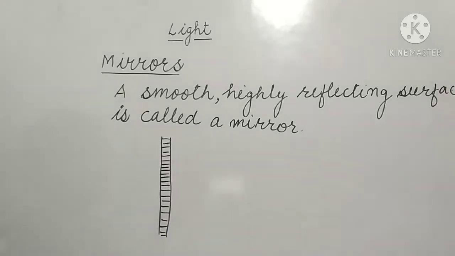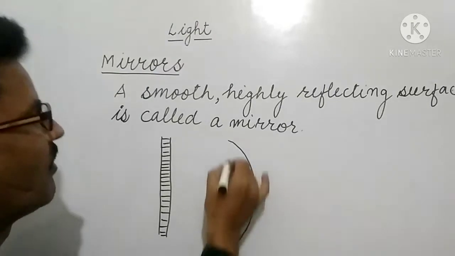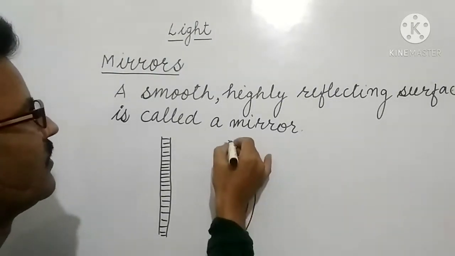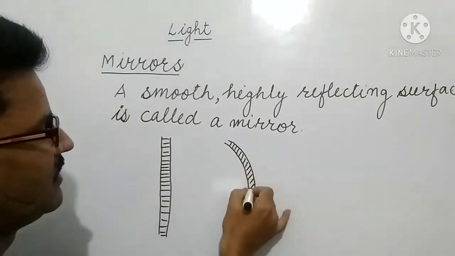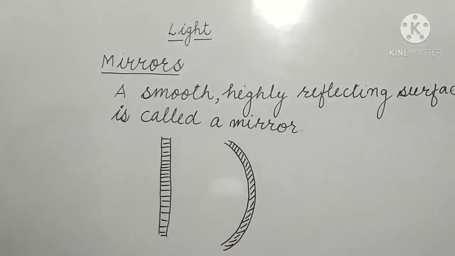Second is the spherical mirror. This is the spherical mirror. And the next one is the parabolic mirror.